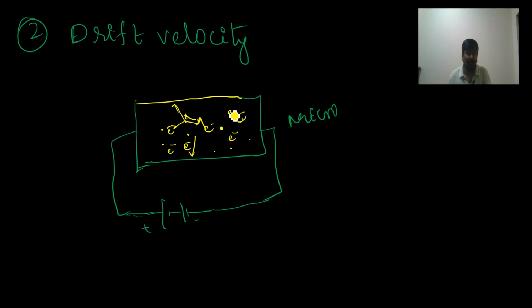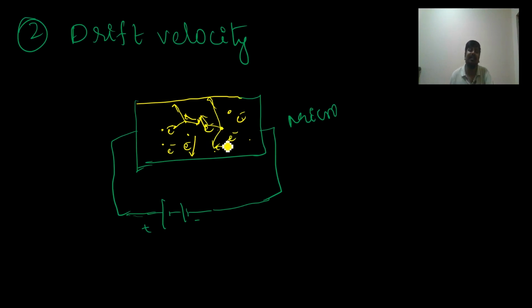This electron will hit another electron, and like that the average velocity will reduce. Again it will start, reduce, again it will start. After collision the velocity is reduced, again it gains velocity and moves forward.